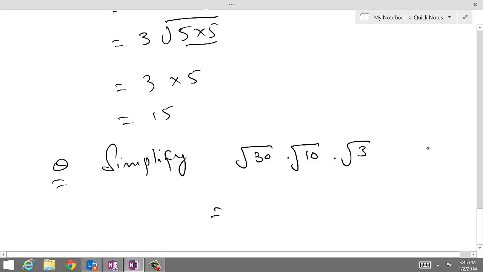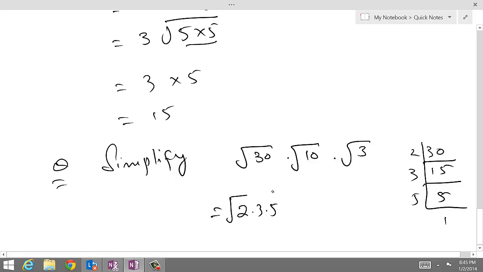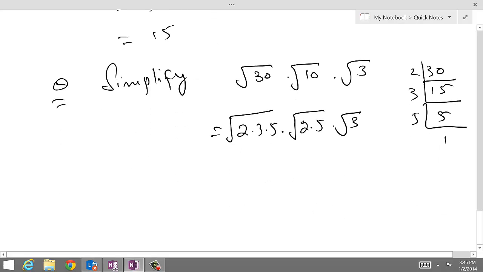So 30, if we want to break it down, that would be 15, 3, 5, 5, 1. So the prime factors for 30 are 2 times 3 times 5, and prime factors for 10 are 2 times 5, and 3 itself is a prime. So bring all the factors under one square root and make the pairs if possible.